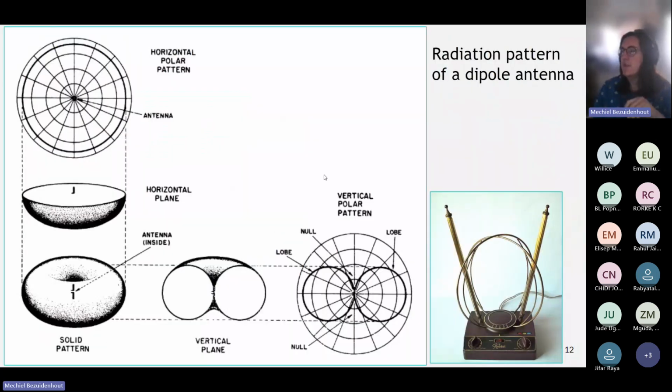So this is an example of a radiation pattern for a dipole antenna. In the bottom left here, you see there's an antenna inside here, and then the radiation pattern is this spherically symmetrical donut shape.